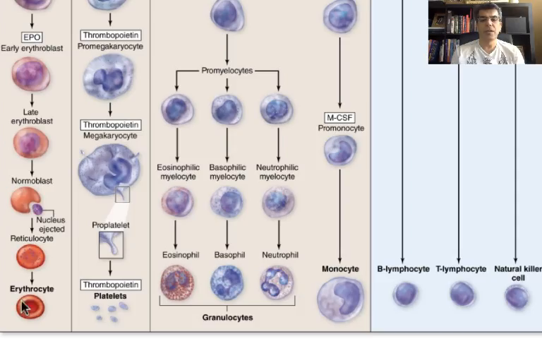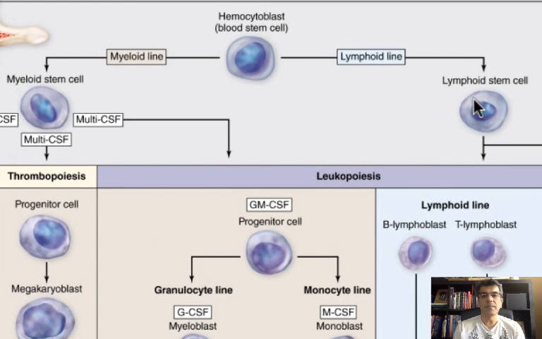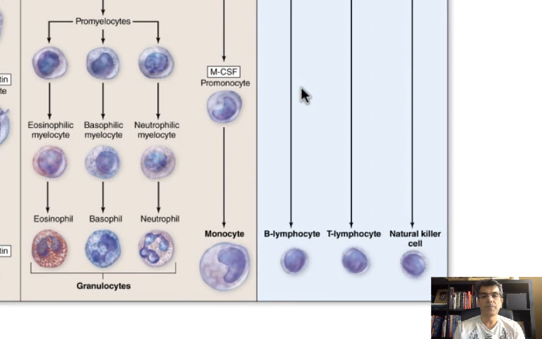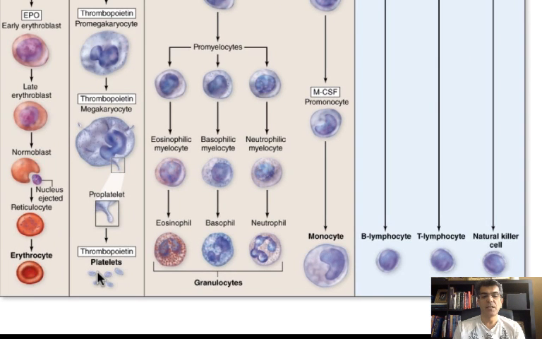In other words, it's going to create erythrocyte, platelets, granulocytes, neutrophil, eosinophil, basophil, and monocyte. So one more time, lymphoid stem cell only produces lymphocytes. Myeloid stem cells produce red blood cells, platelets, and the rest of white blood cells, which includes granulocytes and monocytes.